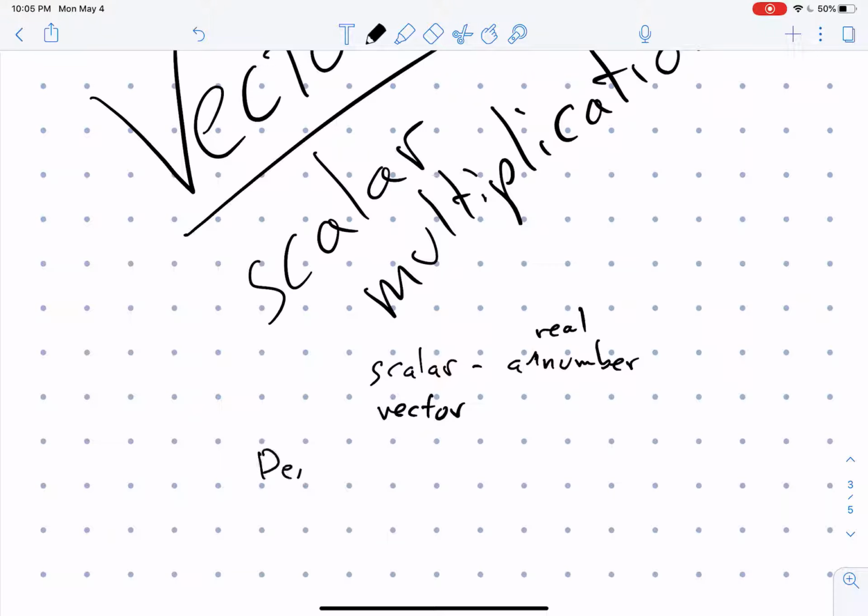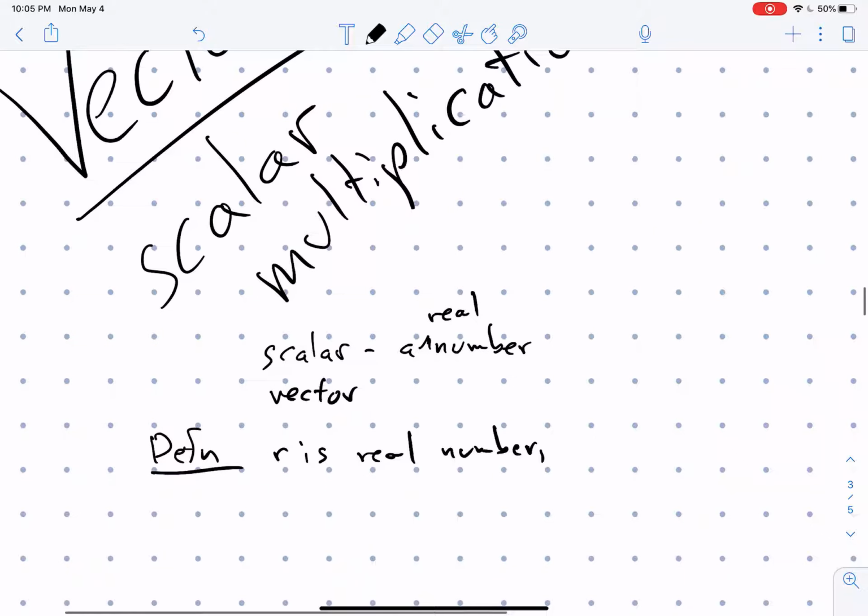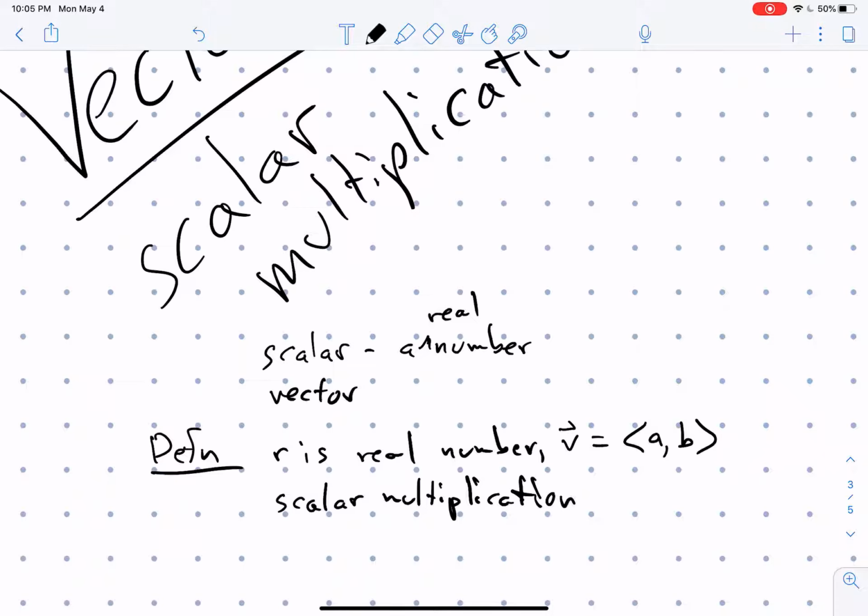So, definition: if R is a real number, and if we have a vector v, let's give it to ourselves in coordinates, then the scalar multiplication R times our vector, (A, B), is just defined as follows.